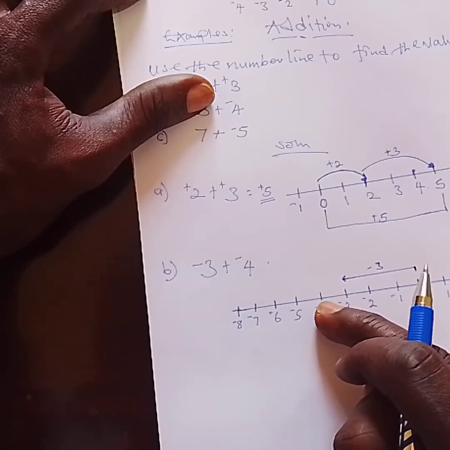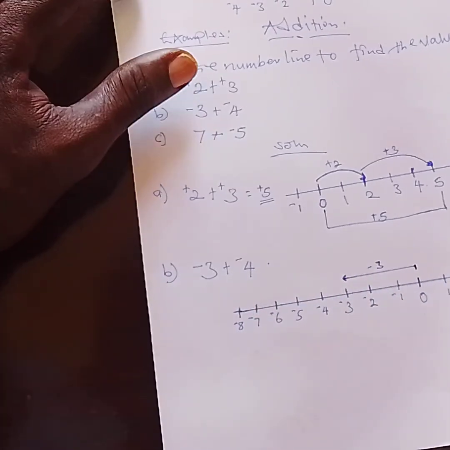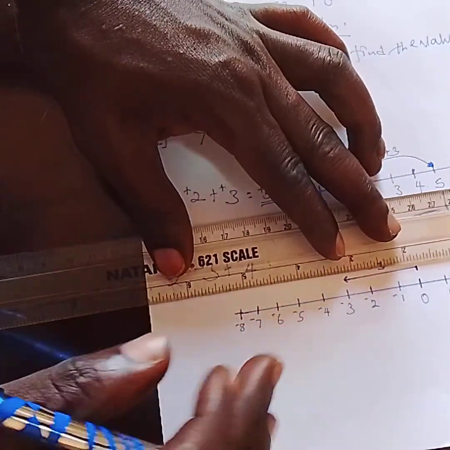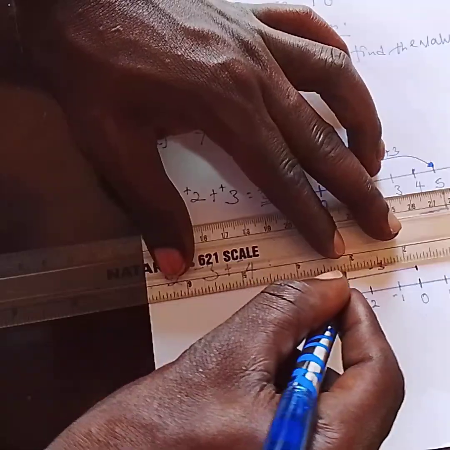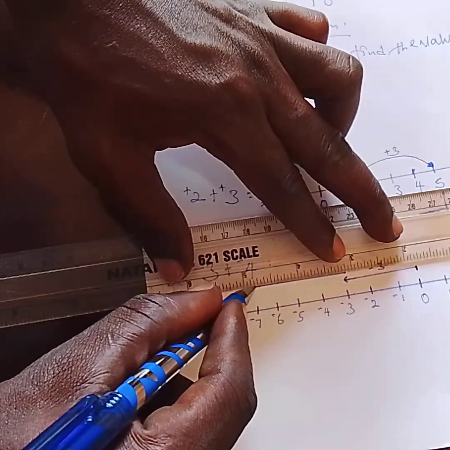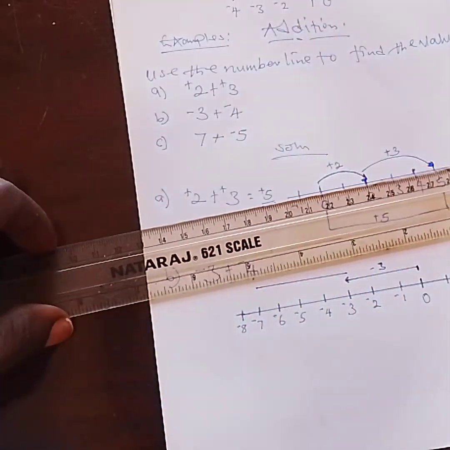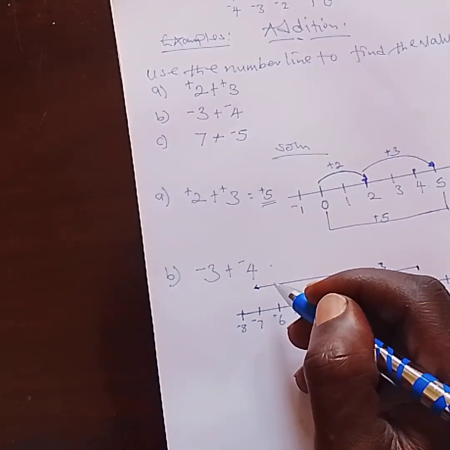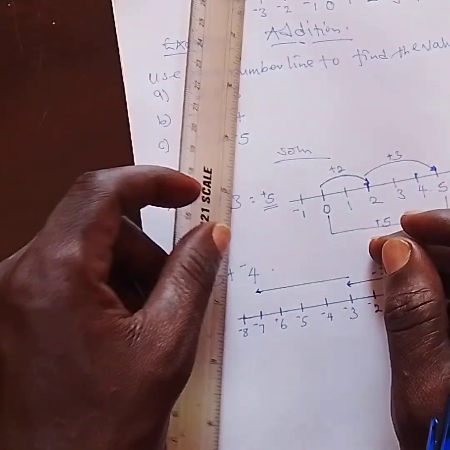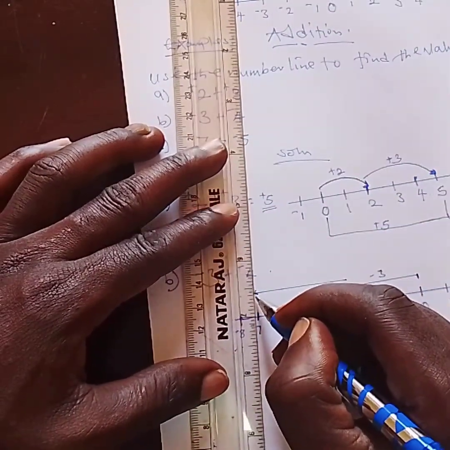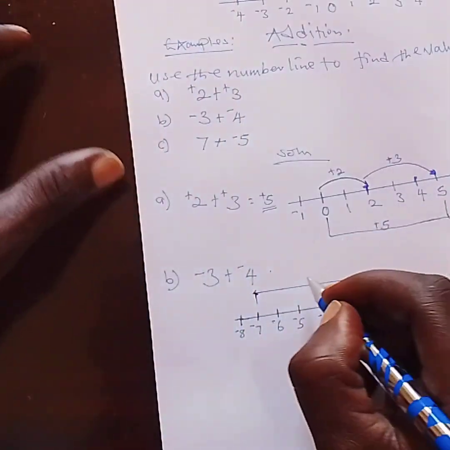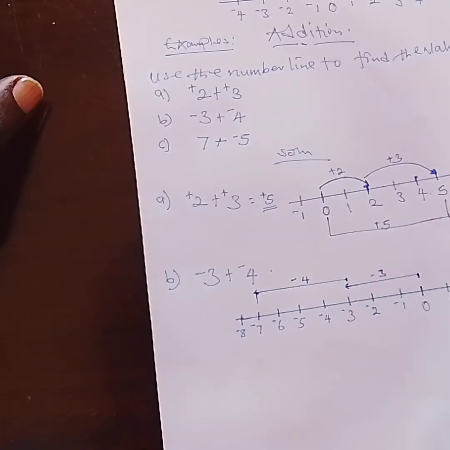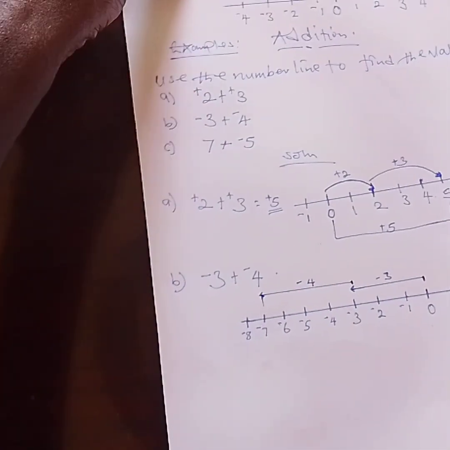So we have 1, 2, 3, 4, whereby we shall go up to negative 7. From here we shall come up to here. This is where we are going to end. So what is our answer once you reach there?